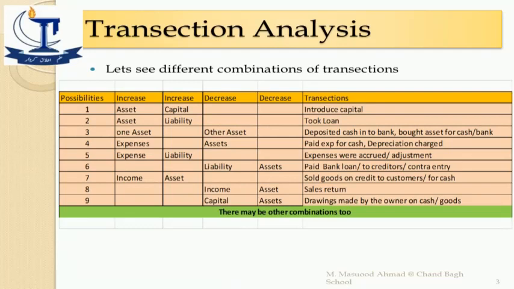Possibility one is that when capital is introduced by the owner, assets increase, and at the same time your capital also increases, because capital is your source which provides you some asset, which is your resource.